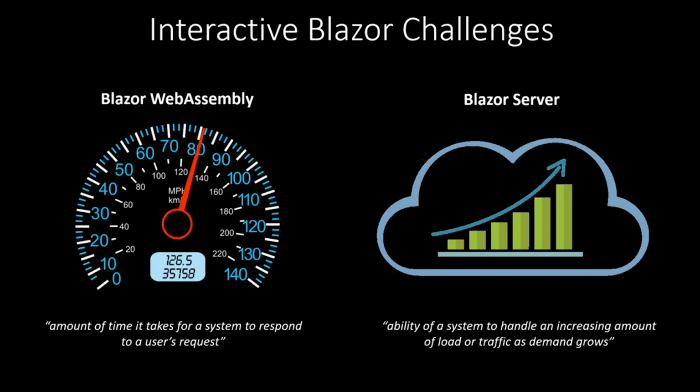So regardless of which path you chose, whether it was Blazor WebAssembly or Blazor Server, you would either run into some performance issues or some scalability issues, depending on your application. And I'll say this was not always the case. There were a lot of folks who built internal-facing Blazor applications using Blazor Server, which have a finite number of users that are using the application.